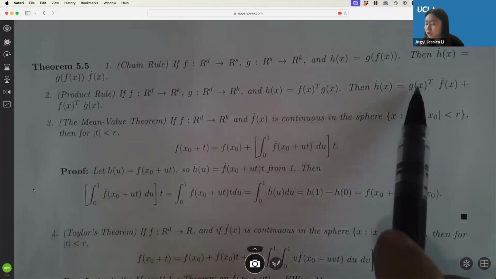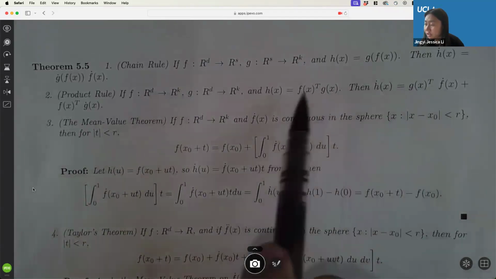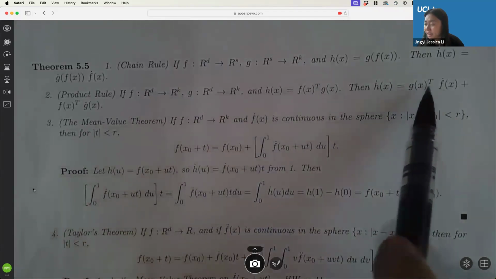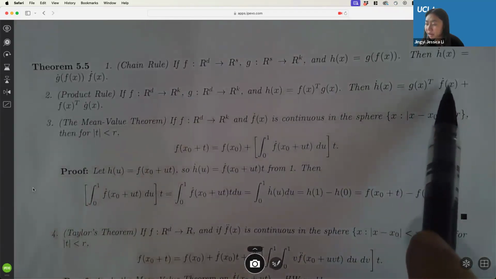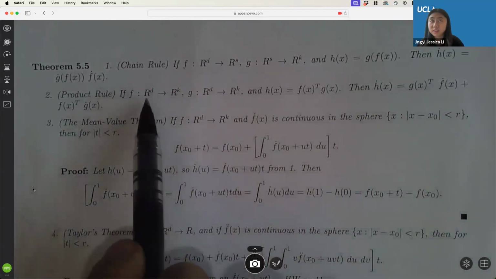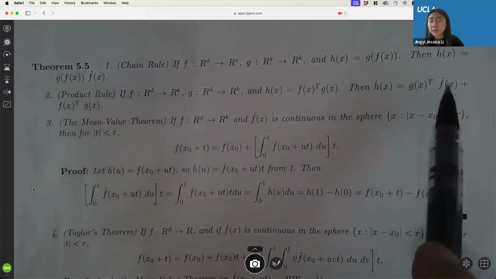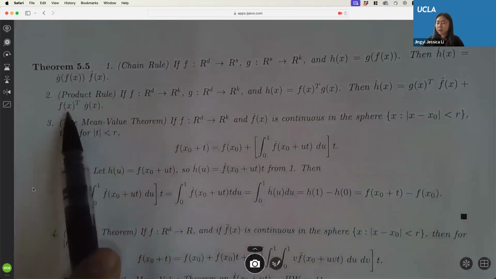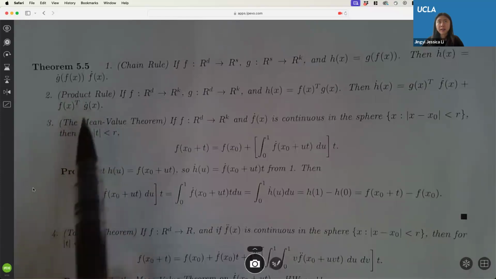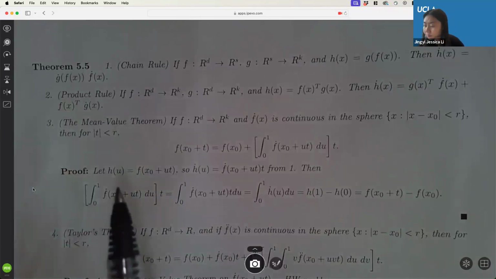It's G of x transpose, which is 1 by k because G of x is k-dimensional, times F dot of x, which is k by d. That's why you get 1 by d, the dimension you get for H dot. Plus the other way around, F of x transpose times G dot of x. When we work with vectors and matrices, it's very important to keep checking the dimensions to make sure we're correct.